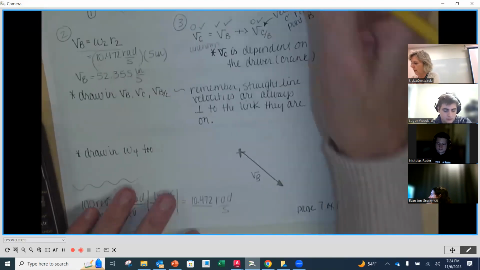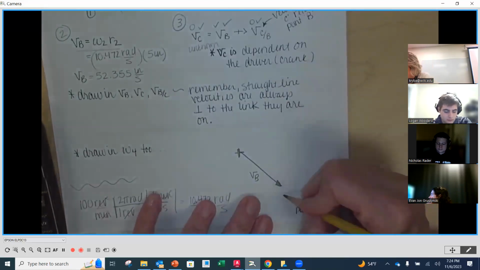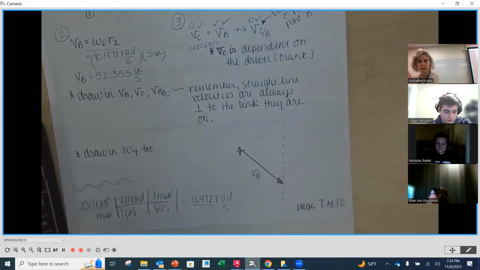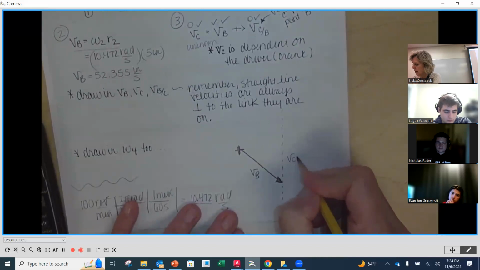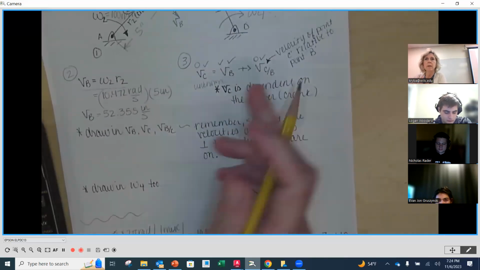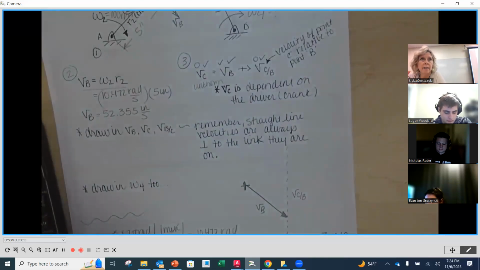So on the endpoint of VB, we're simply going to draw kind of a line of infinity, and this is going to represent the velocity of C relative to B. We don't know if it's going up or down, but we're just going to draw it. Okay, line of action. Then that completes everything that we can do on the right-hand side of the equation.